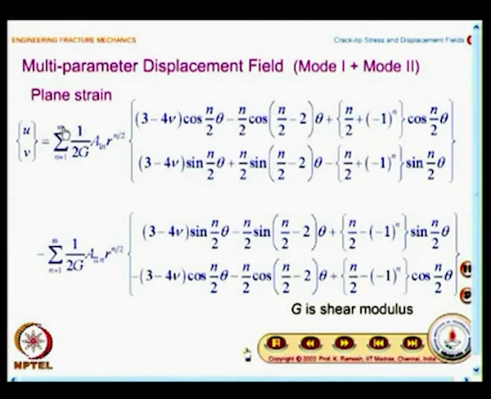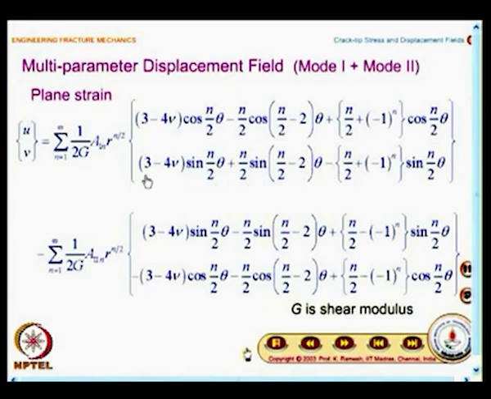N varies from 1 to infinity, 1 by 2g of a1n r power n by 2 multiplied by 3 minus 4 nu cos n by 2 theta minus n by 2 cos (n by 2 minus 2) theta plus (n by 2 plus minus 1) whole power n multiplied by cos n by 2 theta.